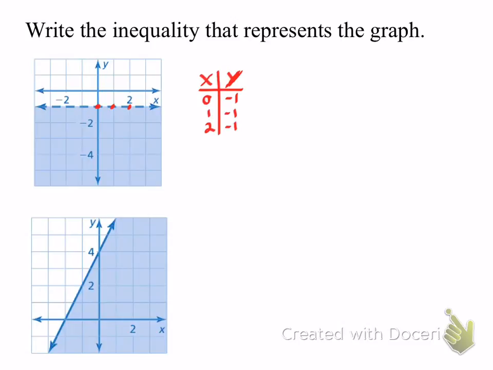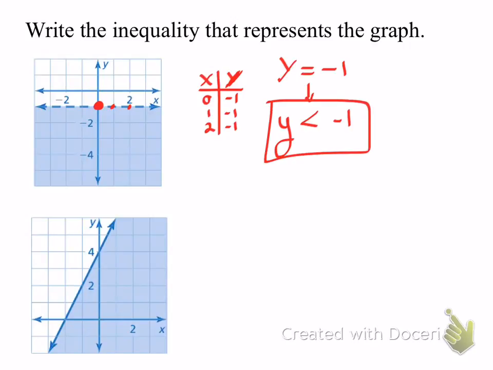What's constant, guys? Y equals negative 1. Now, convert this to an inequality. It's shaded above or below. So how am I going to show that? Y is less than negative 1. Do I put the bar underneath it? Because it's dashed, no. And box your answer.